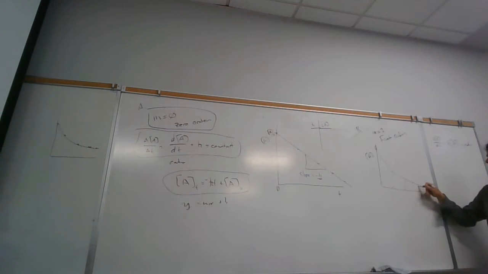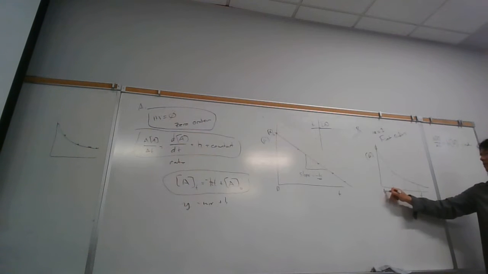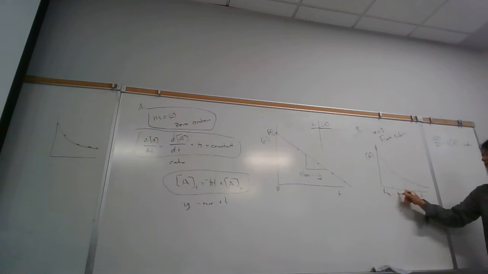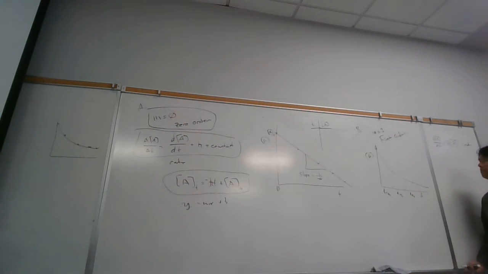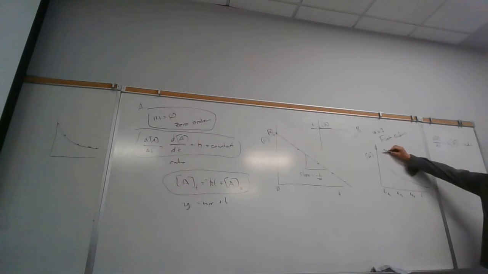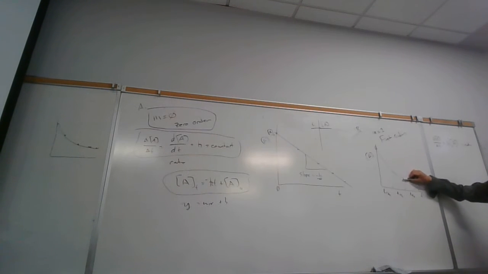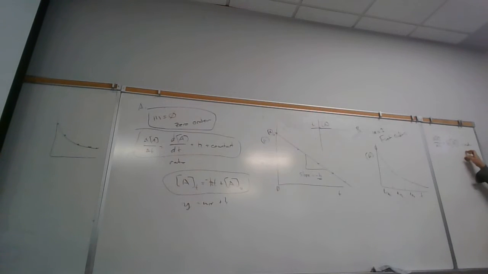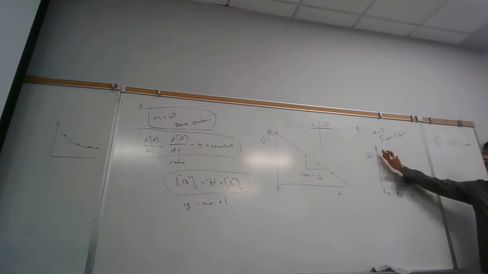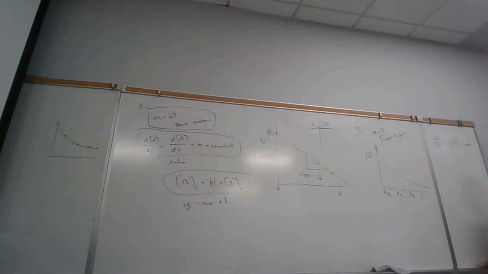But like I said earlier, the easiest way to see this is it takes the same amount of time, which is called t1/2, the half-life. The half-life tells us how long it takes for half of it to be consumed. So this will tell us the rate or the slope at any concentration here. And we see the slope is changing, or the rate is changing. The lower the concentration, the lower the rate.